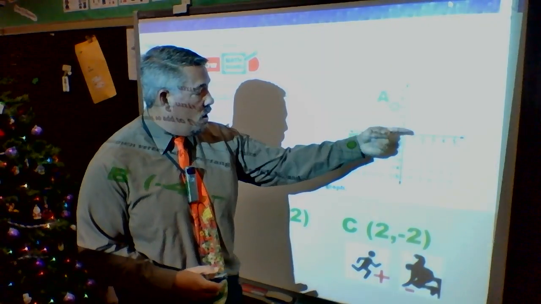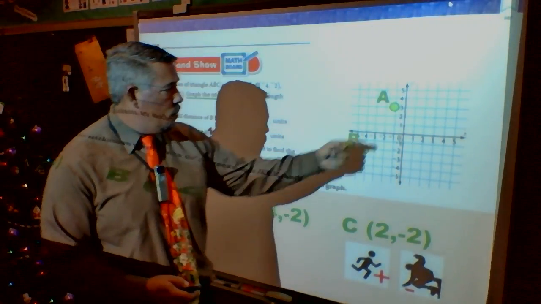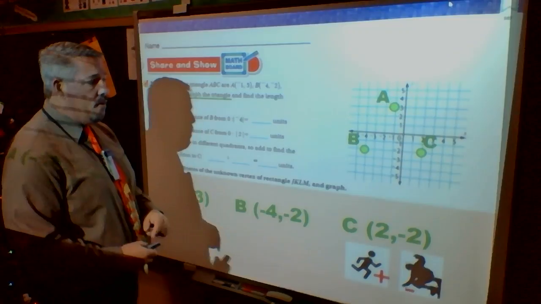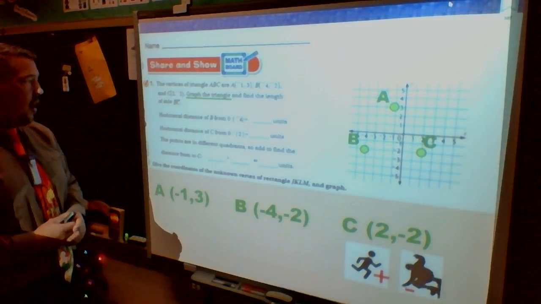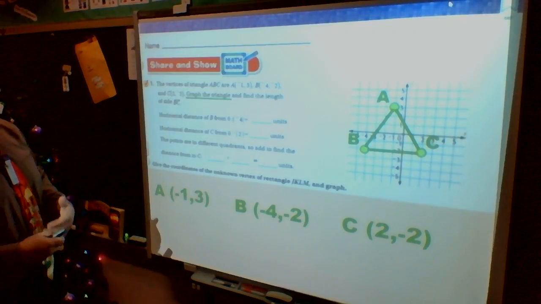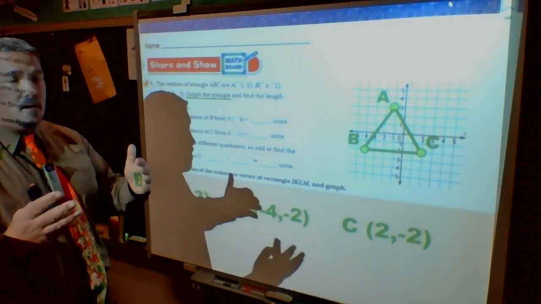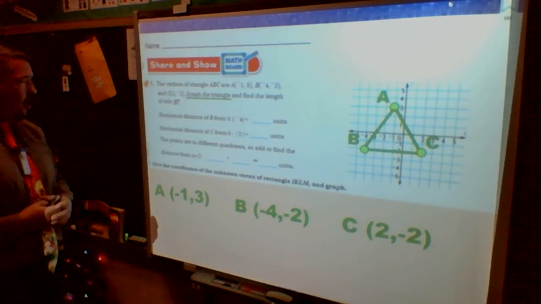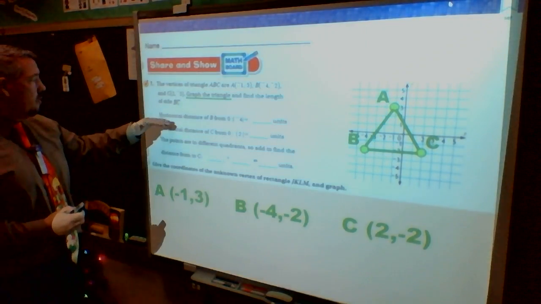So I know I'm going to run forward, and then I'm going to jump down again. So running forward and jumping down, I put my point C. Label them so I know what I have. Once I have my points graphed, then I just connect my lines and I make my triangle. I have 3 sides, so I know that I have my triangle. I'm good to go. Now I can look at the next one.